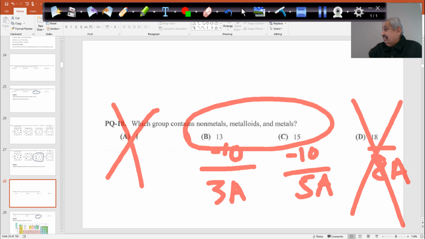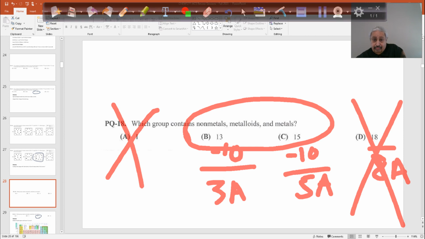Then phosphorus. Then the metalloids start, and then at the bottom of them you have metals, correct? Heavy metals. So let's look at the periodic table, between 3A and 5A, or 13 and 15. So here it is.